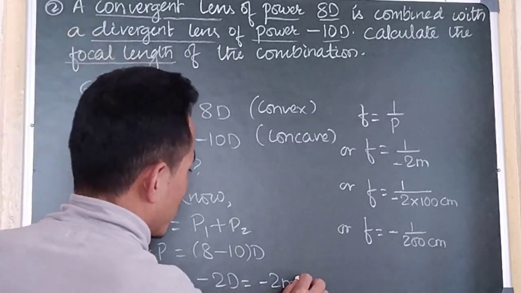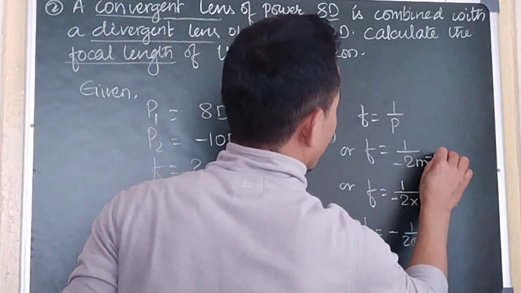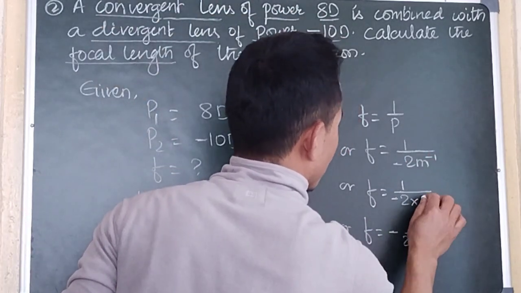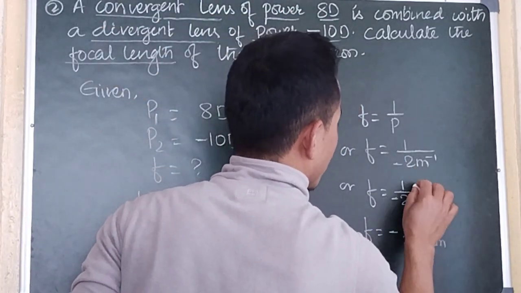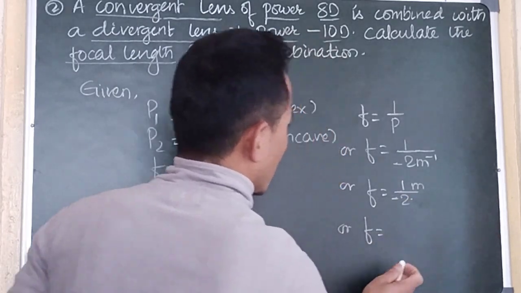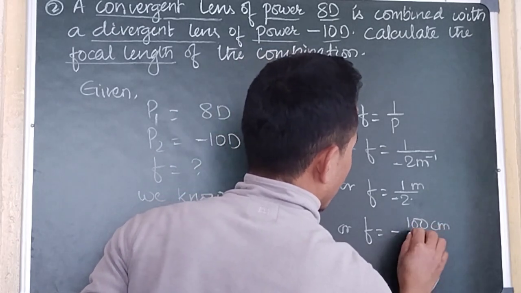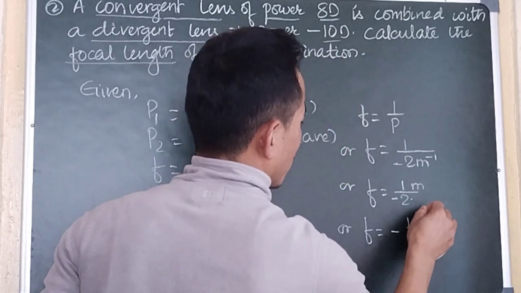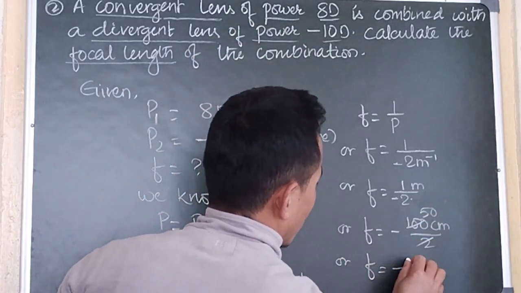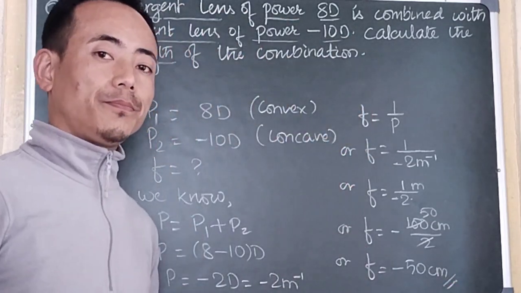Here diopter is meter inverse, so if you take it to the numerator, meter comes in the numerator. So let's change this: 1 meter will be 100 centimeter divided by 2. So this will become 50. Therefore the answer for the focal length of the combination will be 50 centimeter.